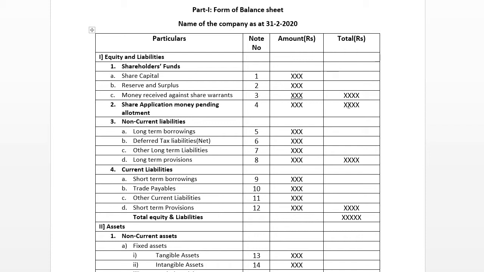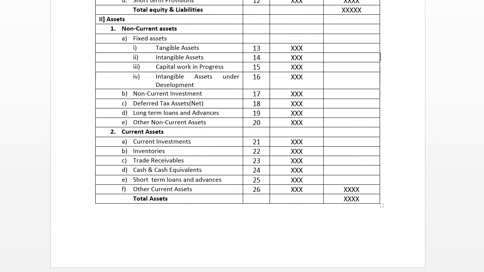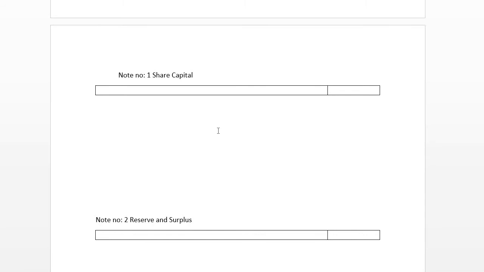There are 3 working notes available, so that we shall go in depth into all the notes involved that could help us for solving the 15 marks question when it arises. The first one here, note number 1, that is share capital.